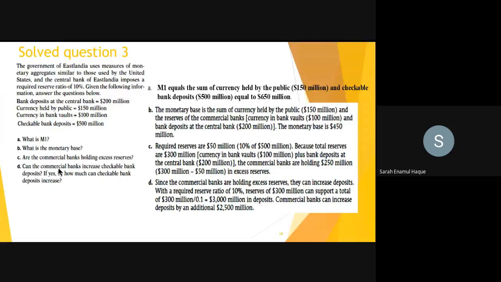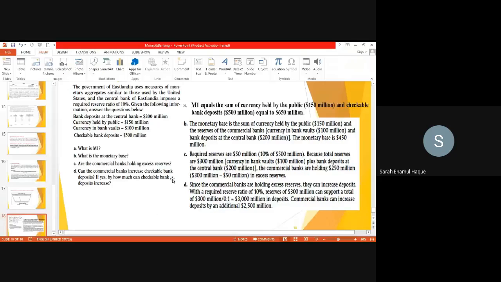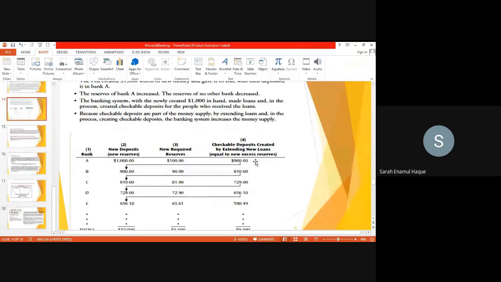Next question is, can the commercial banks increase checkable bank deposits? If yes, by how much can checkable bank deposits increase? That's the question. Now remember, let's go back to our previous example of bank A and B, and how the story goes.